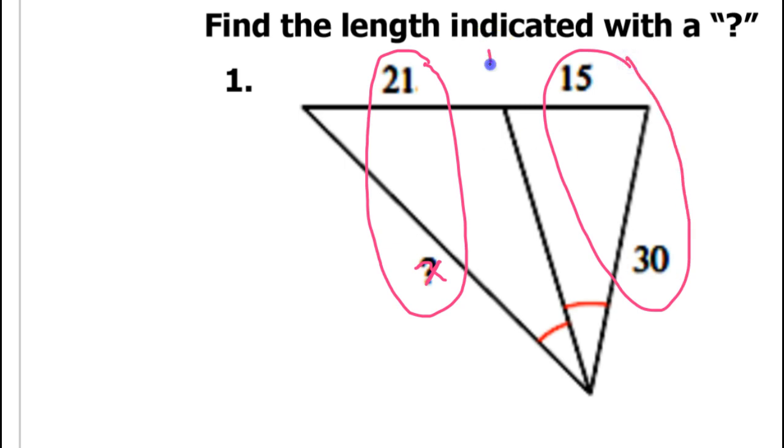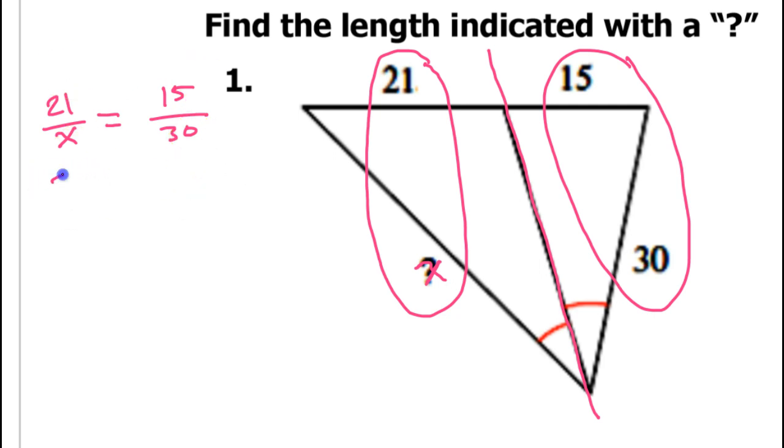It's really sort of just they're separated by that angle bisector. So your proportion could be written this way: 21 over X will equal 15 over 30. Alright, you could have done X over 21 and 30 over 15 if you wanted to.